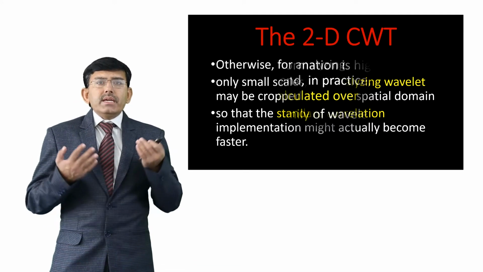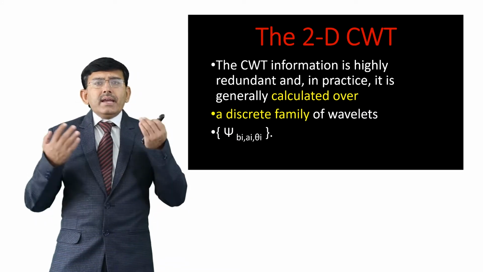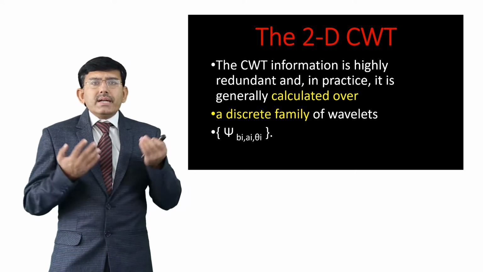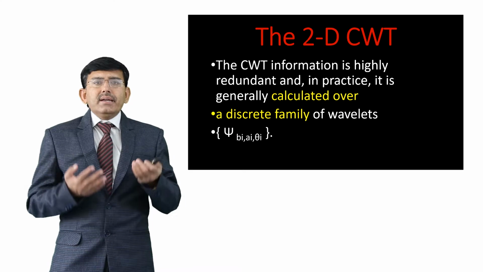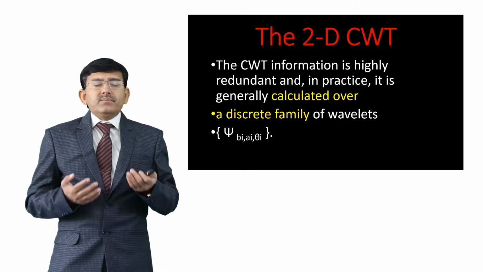The CWT information is highly redundant and in practice it is generally calculated over a discrete family of wavelets, that is psi of b_i, a_j, theta_k.